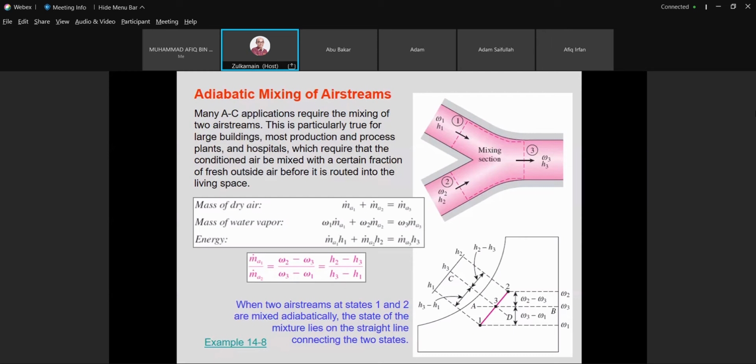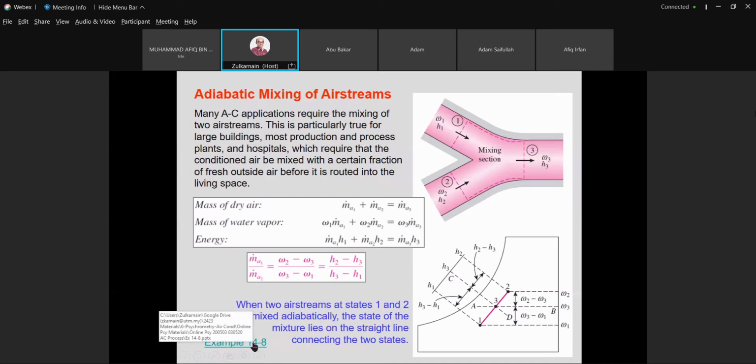If it's known, no problem, it's easy to solve. But if one value of omega is unknown and one value of the enthalpy is unknown, then we have to do what is called trial and error in order to get this equation balanced. Okay, I will show you in this example.